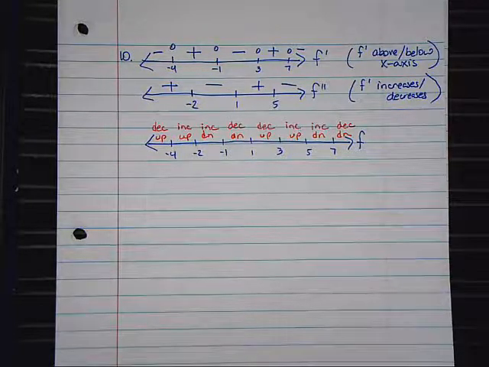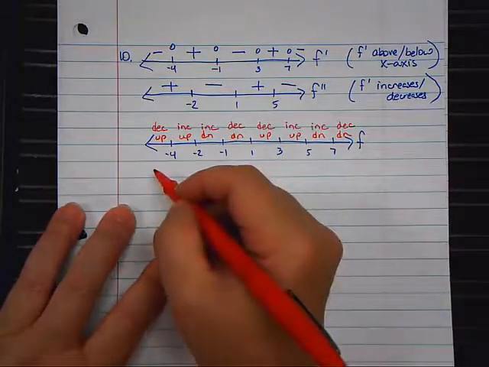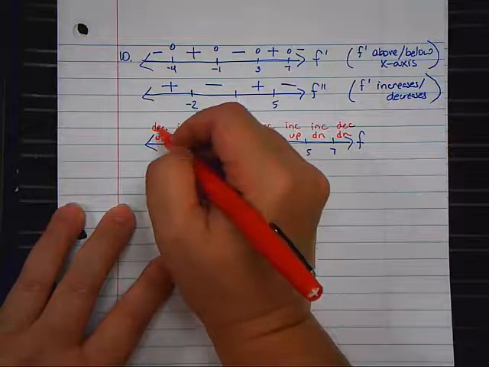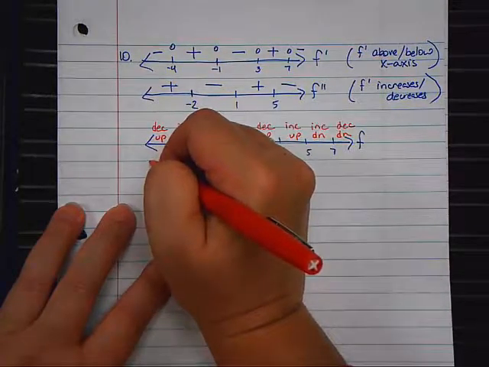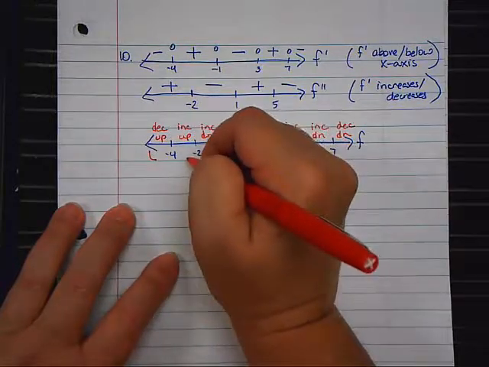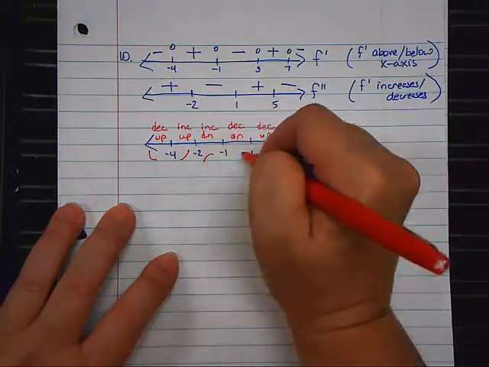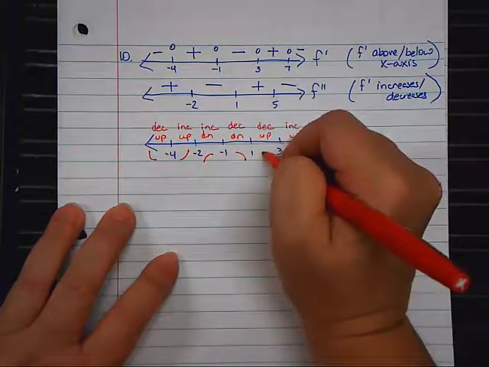So it's 2 ups, 2 downs, 2 ups, and 2 downs. Now let's draw in the pieces. Decrease up, decrease up. That's the left side. Increase up, that's the right side. Increase down, left, right. And then it repeats.